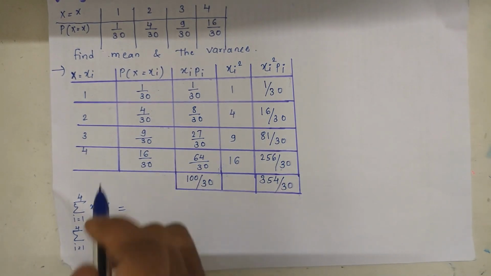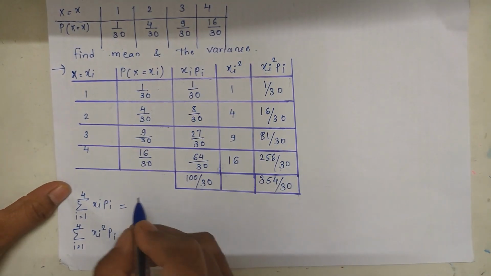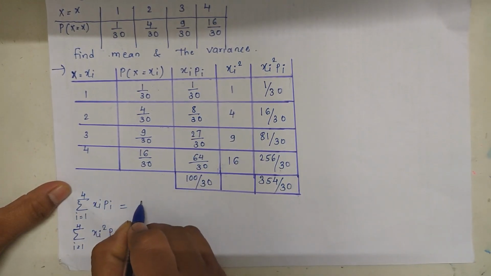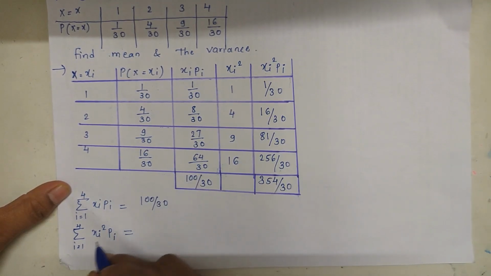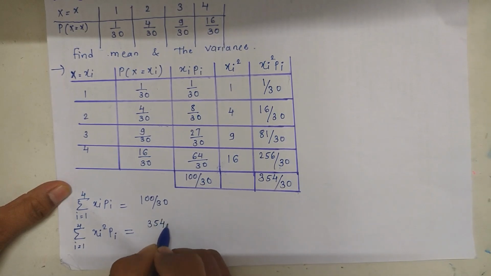Now here we have to find the mean and the variance of the given PMF. So we have already found the values: summation of xi pi is 100 by 30, and summation of xi square pi is equal to 354 by 30.